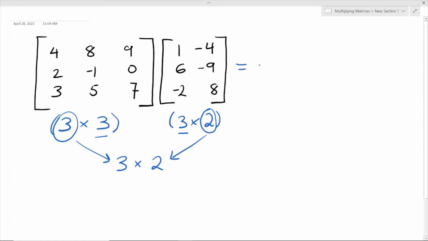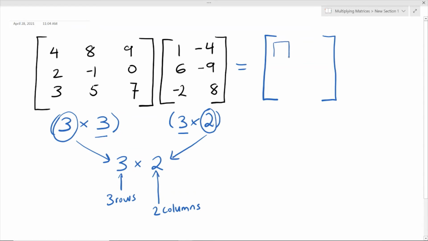If we were to draw a 3 times 2 matrix, we would have a matrix with 3 rows and 2 columns. So we would have a box here for a number, another box here for another number, and another box for another number.